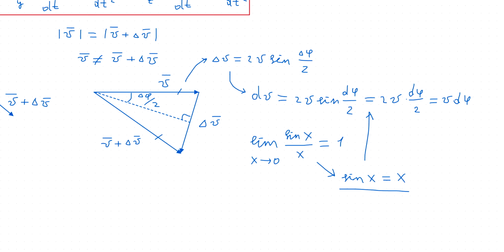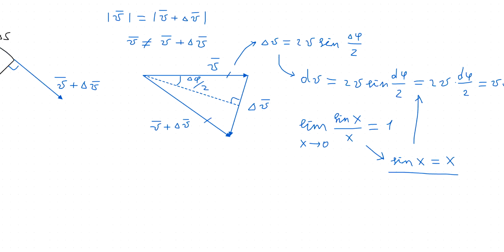And what else we can say? As we noticed, the change of angle delta phi tends to 0. But the sum of angles in a triangle is always equal to pi.